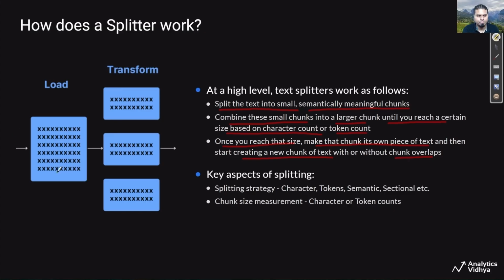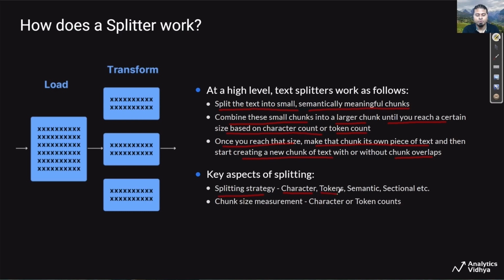So how do you split the document into these chunks? The typical splitting strategy can be based on the number of characters, which means, let's say your chunk size is 3000 characters, it will try to fit as many words as possible, such that the total length of the characters of all those words is not more than 3000 characters. It could also be based on the number of tokens or words.